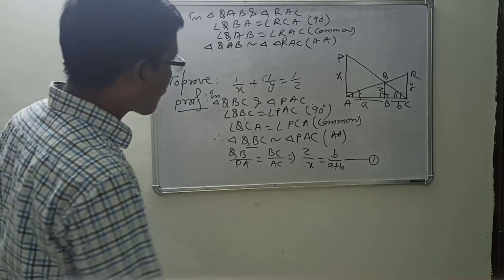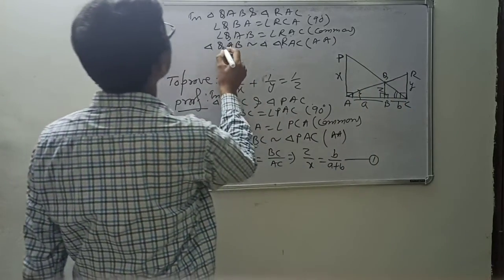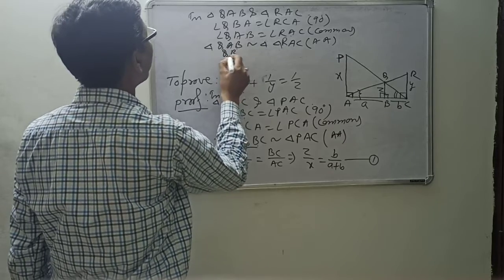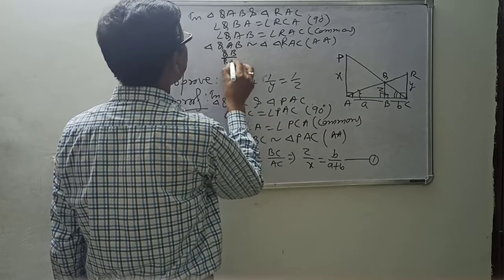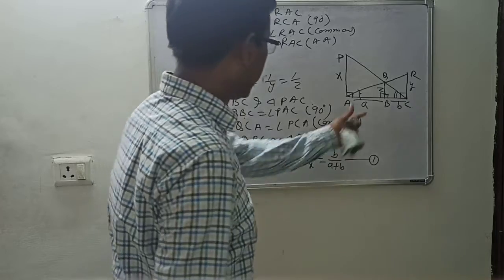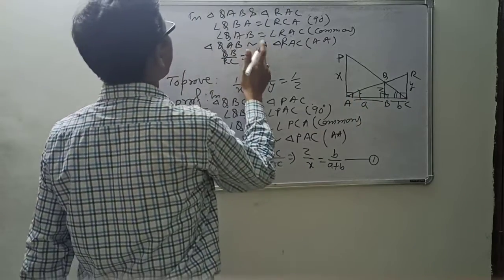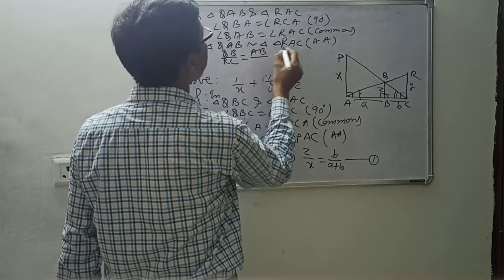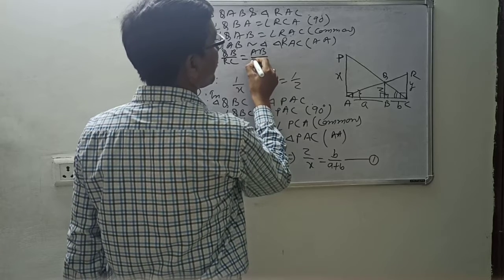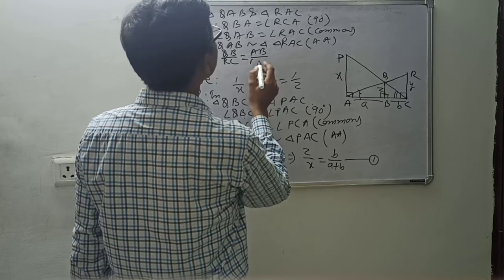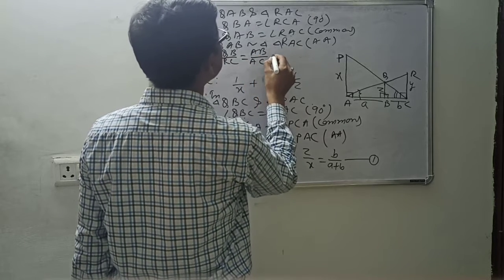Again you have the values: QB, first and third, by RC equal to AB, which is known, second and third, by AB second and third is equal to AC.